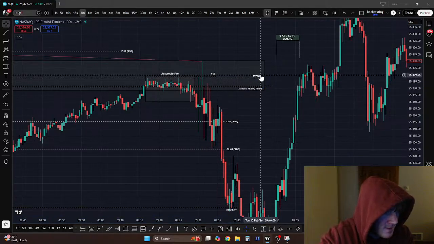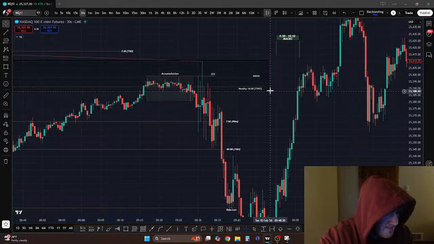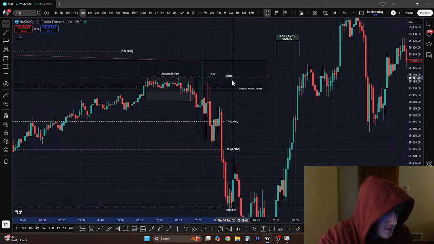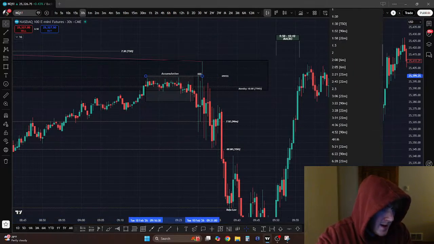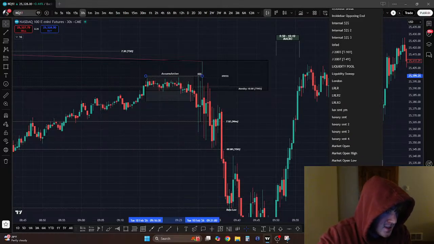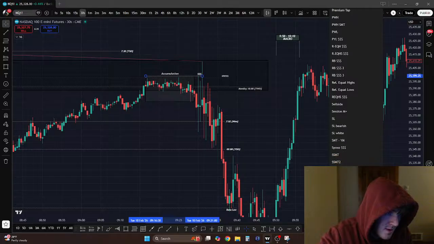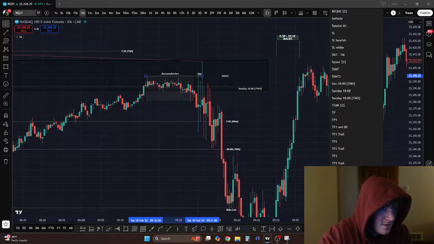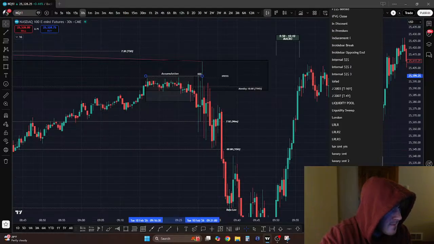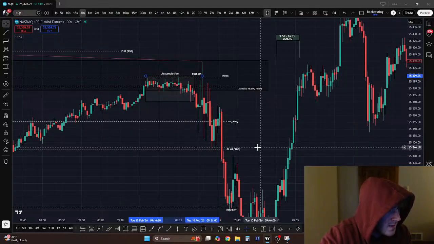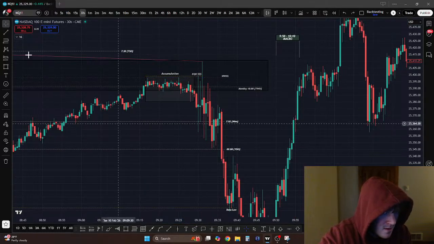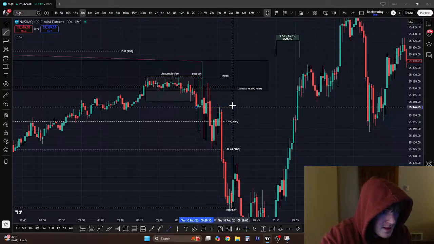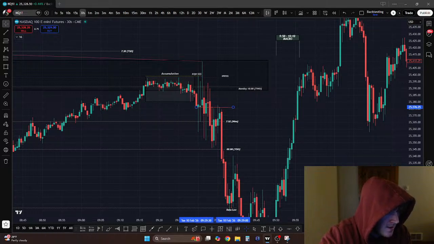Once again, 5 minute fair value gap here. Obviously at this point, we have accumulation, manipulation, and then we get a change in state on the 30-second. Not maybe the most obvious, but hey, maybe you could just use it for bias, right? So like that, you see how it cuts through candles, and then we get that right there.